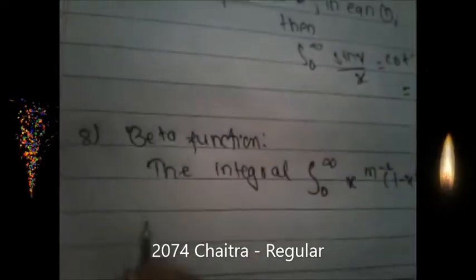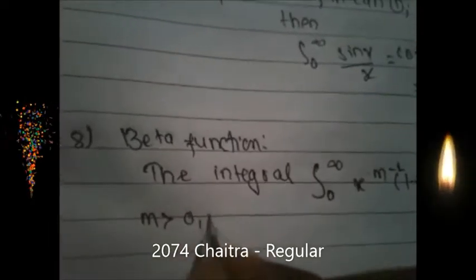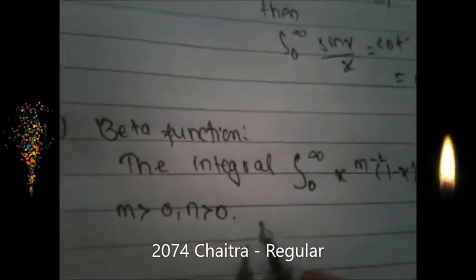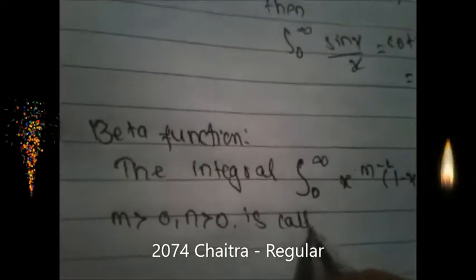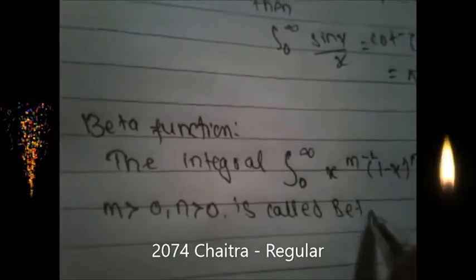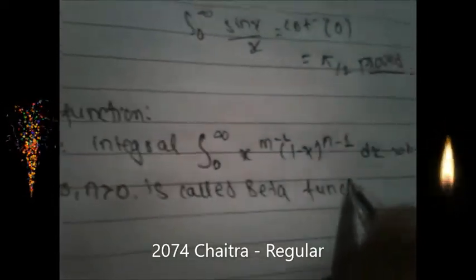Where m is greater than 0 and n is greater than 0, this is called the beta function.